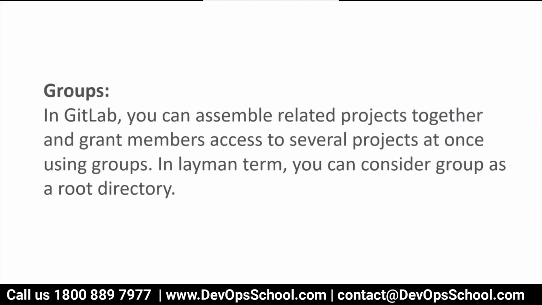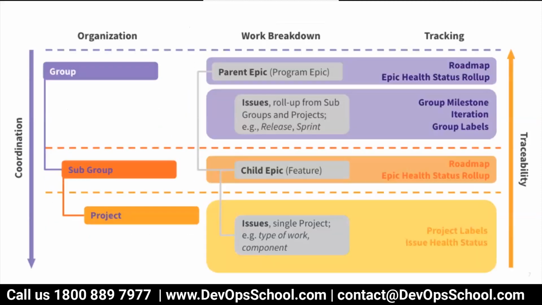There is one slide I have, and I think this one will give you better clarity. At the group level, you can manage the parent epic, which is a Scrum terminology. At the epic level, you may have multiple groups and multiple projects.